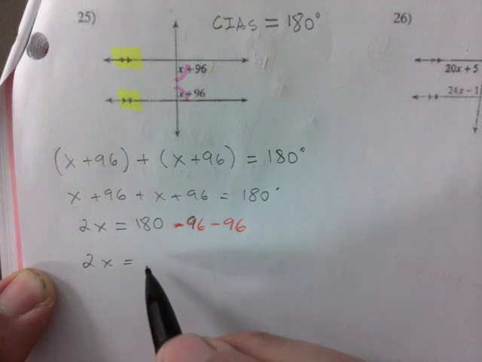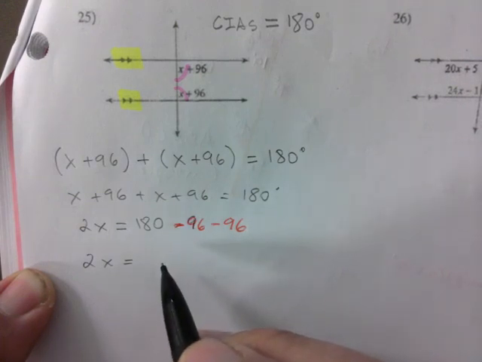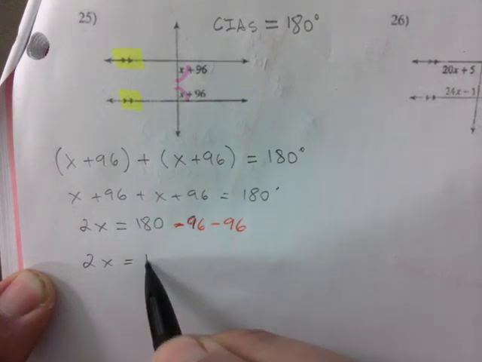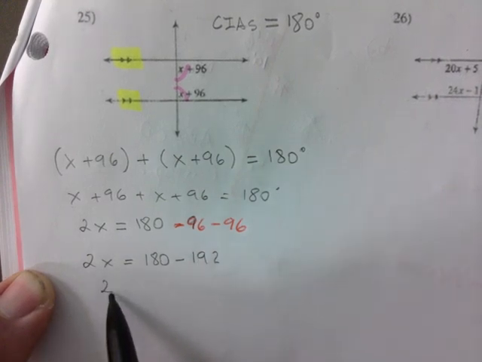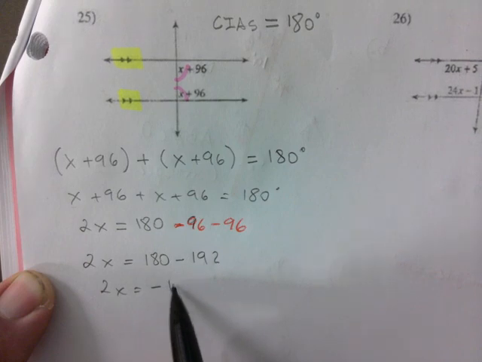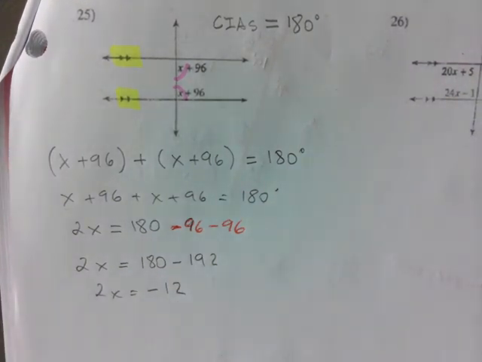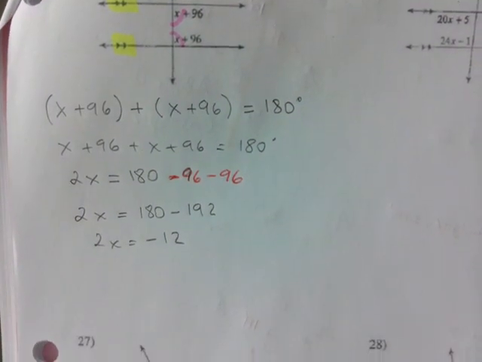Negative 192. So that ends up being a negative value. So 180 minus 192, that ends up being negative 12, like that. So don't forget about negatives.